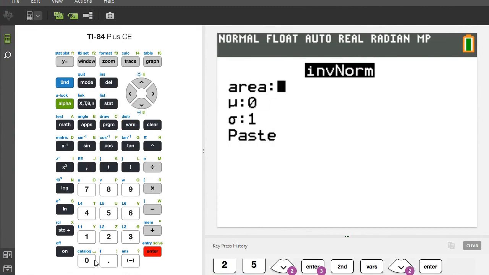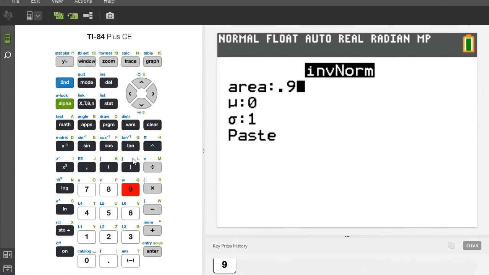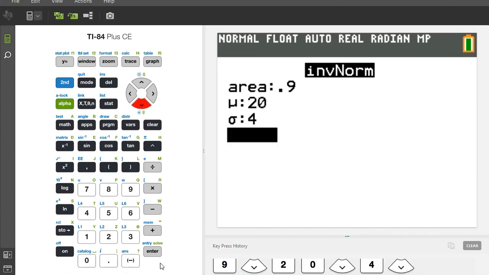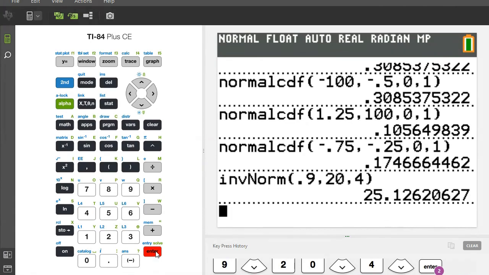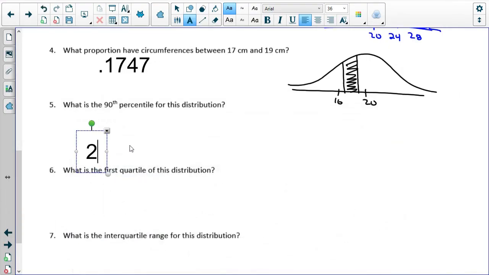So inverse norm, I want the area to be 0.9 because that's going to find all the area to the left. So 90% of the area is going to be to the left. Mean is 20, standard deviation is 4. I get 25.126. So 25.126 centimeters is going to be the 90th percentile of this.